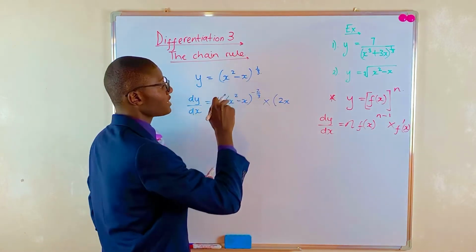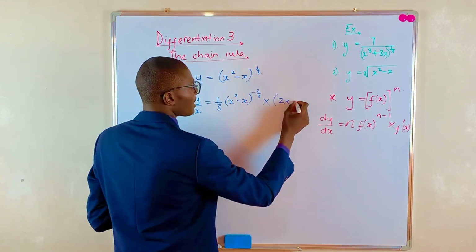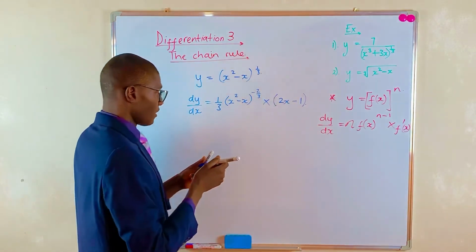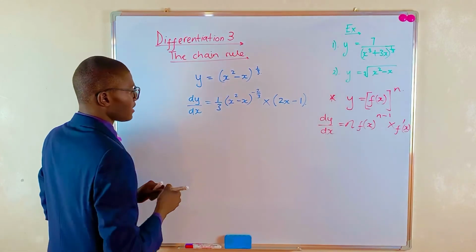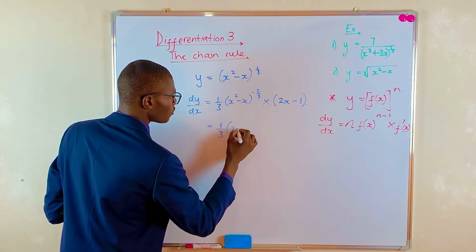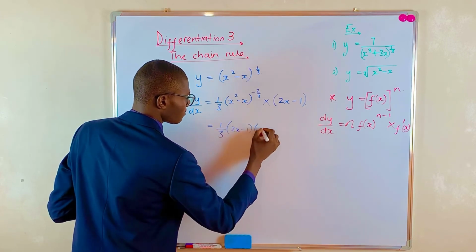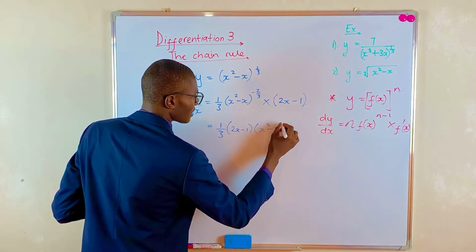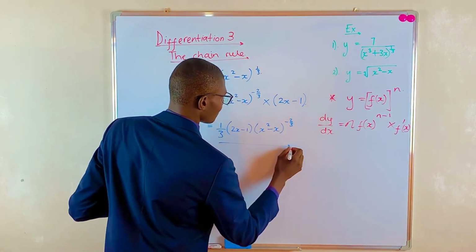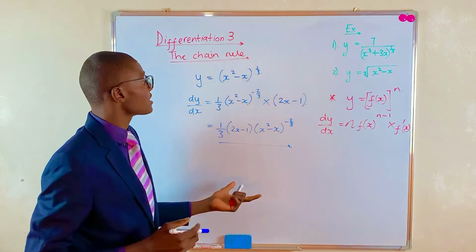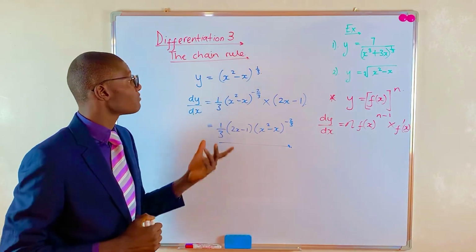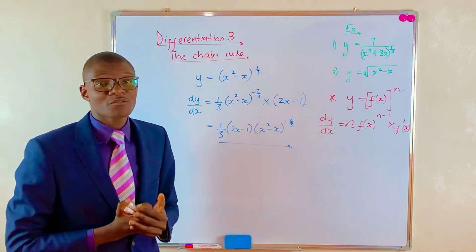So if we differentiate x^2, we get 2x, minus the derivative of x will simply give us a 1. So now we rewrite this as 1 over 3 multiplied by (2x - 1) multiplied by (x^2 - x) raised to the power of minus 2 over 3. So now this becomes the gradient function for the function of y is equal to (x^2 - x) raised to the power of 1 over 3.